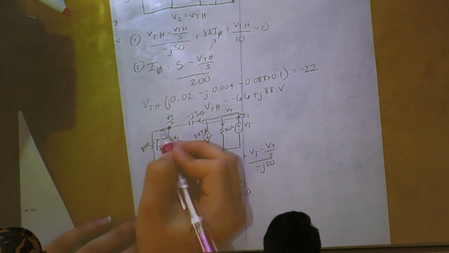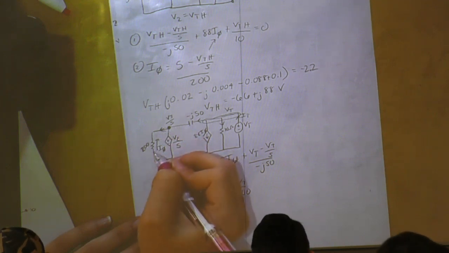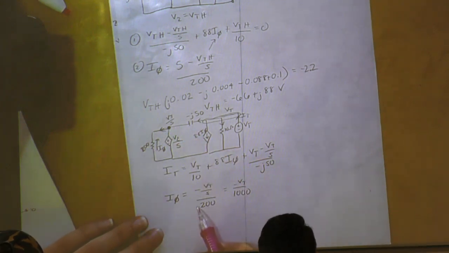So this current coming out is VT over 200, and then I just put the negative to flip the sign.